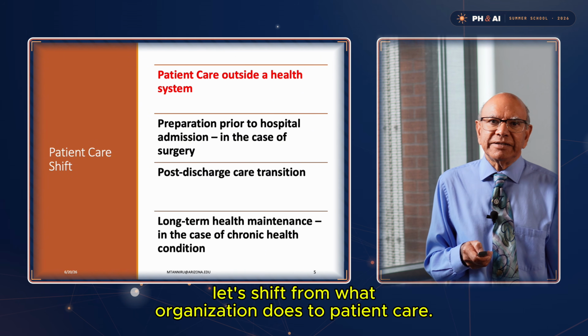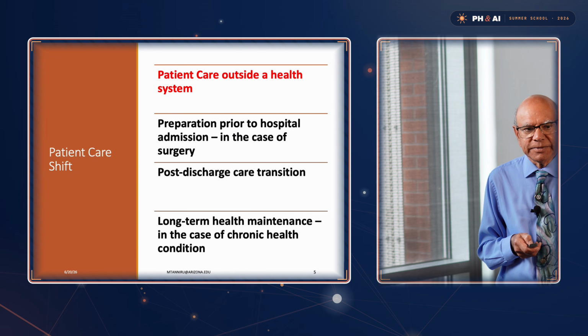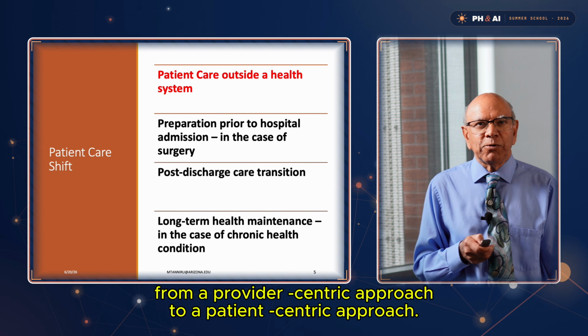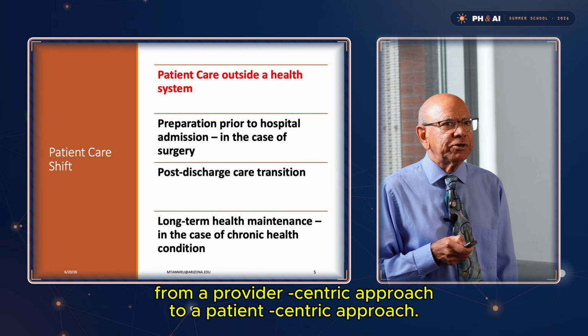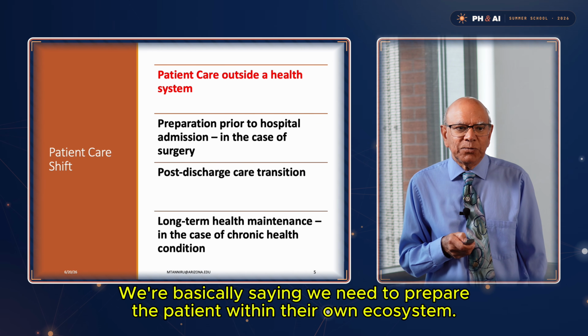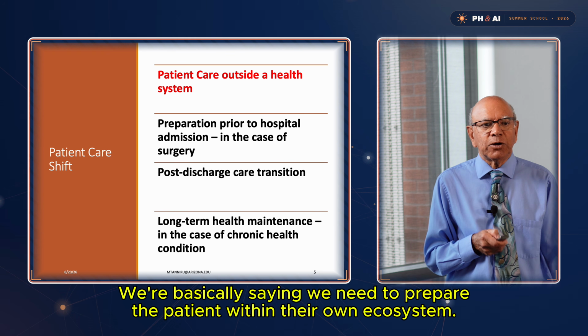Now let's shift from what the organization does to patient care. Patient care itself is changing from a provider-centric approach to a patient-centric approach. What does that mean? We're basically saying we need to prepare the patient within their own ecosystem.